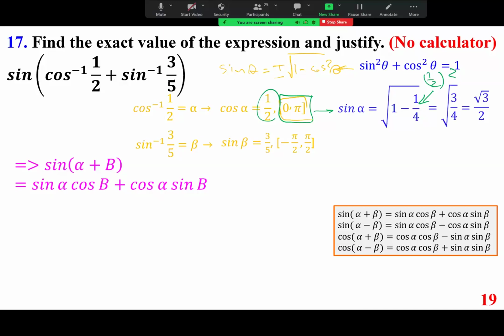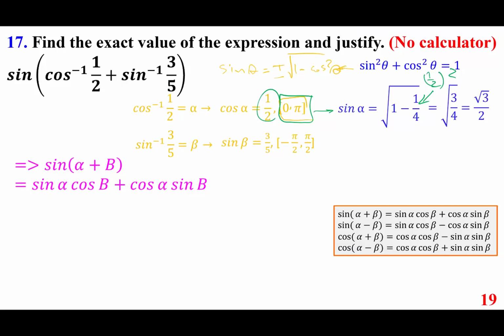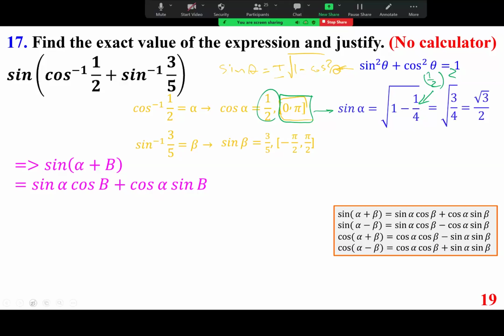What about cosine beta? Because this is the fourth and first quadrant, cosine is positive. So the same thing, we follow that. Sine theta is plus minus the square root of 1 minus cosine squared. So cosine theta is plus minus the square root of 1 minus sine squared. And sine squared is 9/25, which makes it 16/25. Brings it up as 4/5.